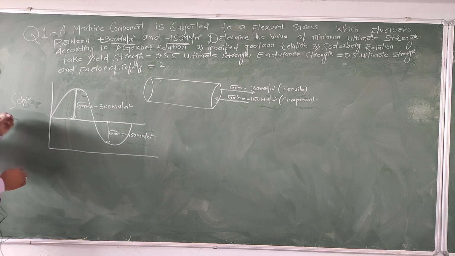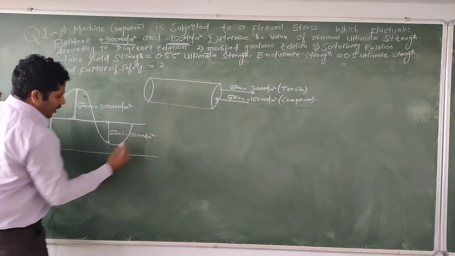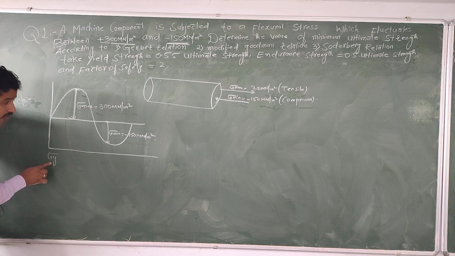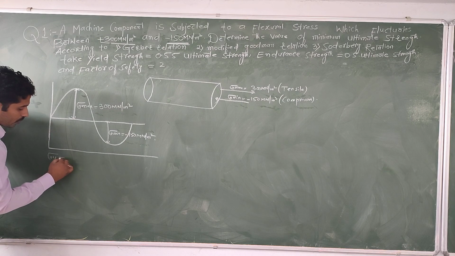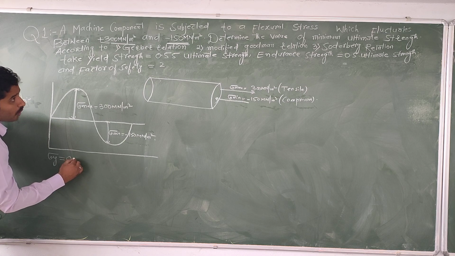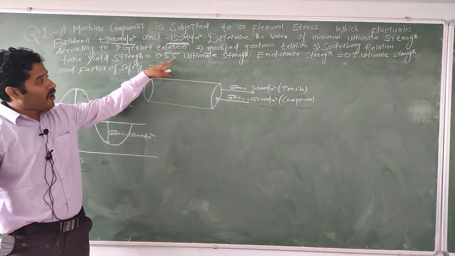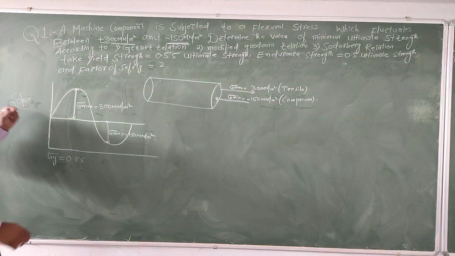Here, how much yield strength is given? We know very well the yield strength is nothing but sigma y. The yield strength of the material should be equal to 0.55 ultimate strength, and the ultimate strength is represented by sigma u. The endurance strength given here is 0.5 ultimate strength.